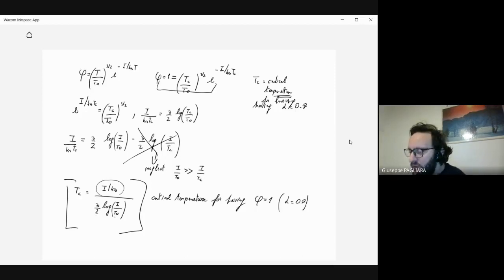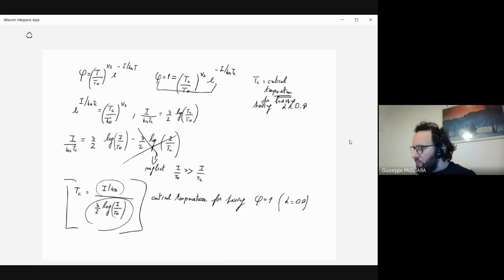Now, in this specific example, I and T0 were of the order of 10 to 4 divided by 10, so in the log I have a factor 10 to the power of 3, and therefore I have a suppression here which is 3/2 log of 10 to the power of 3. Okay, so then I can put the 3 outside, I get a 9/2 times the natural log of 10.